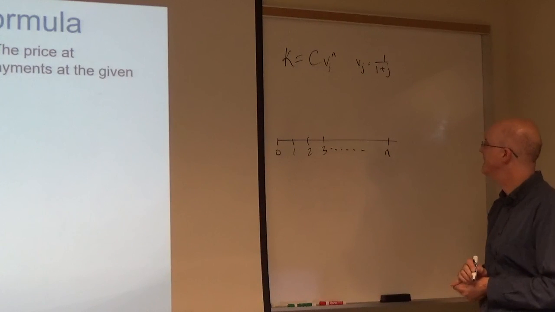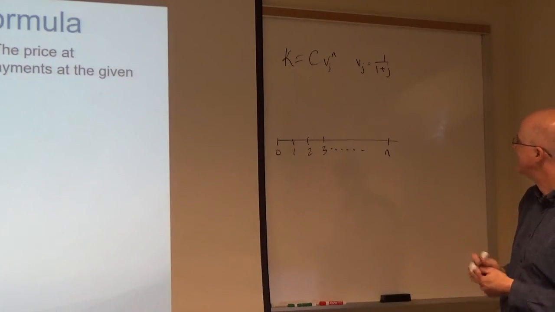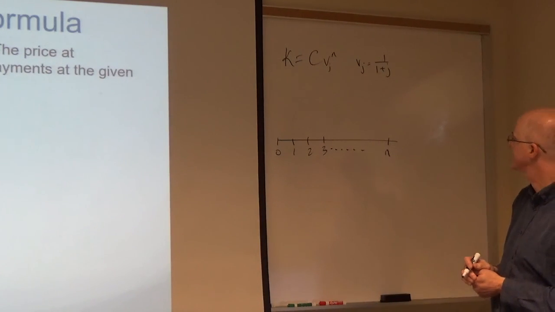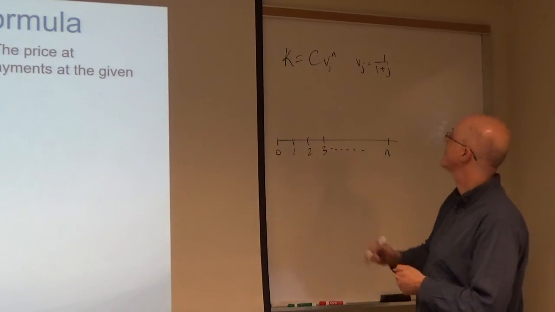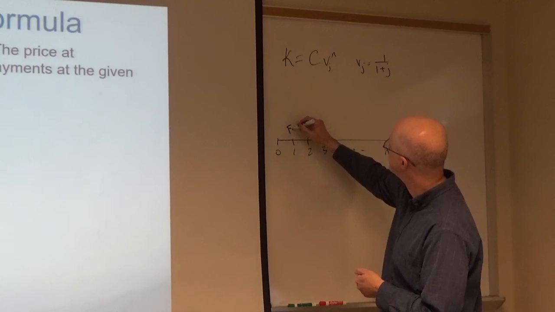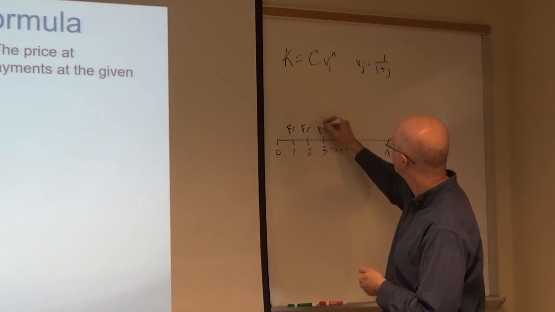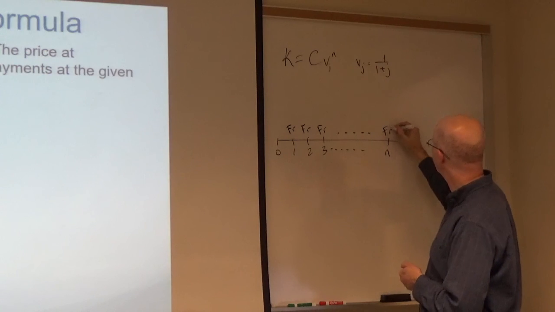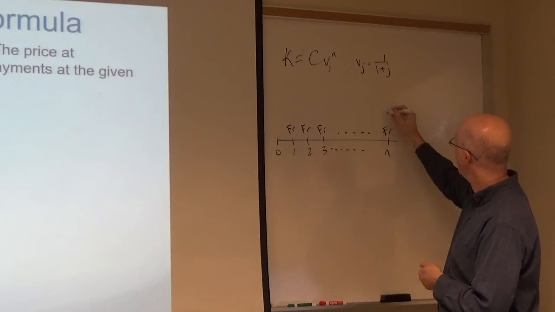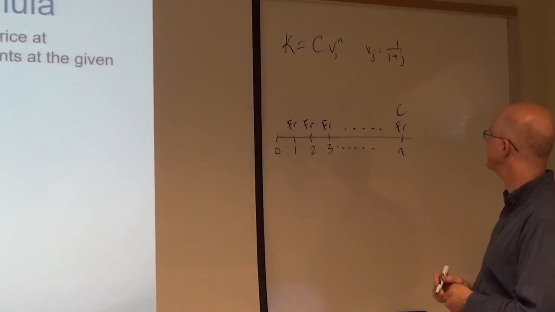N payment periods. If n is the number of half years then n over 2 would be the number of years. You've got the coupon payments, F times r, that occur at time 1, 2, 3, 4, etc. And at the end, you also have the redemption value, C.